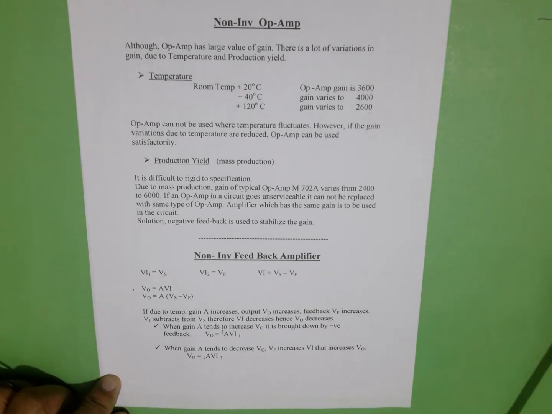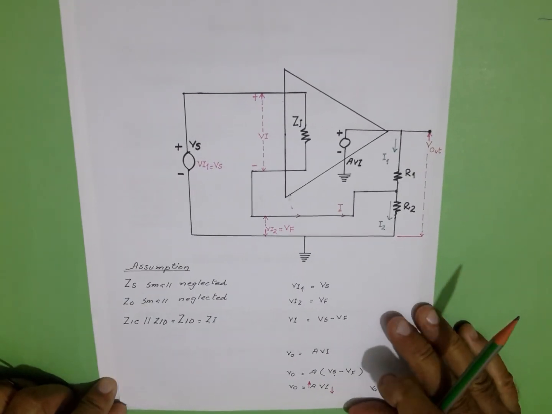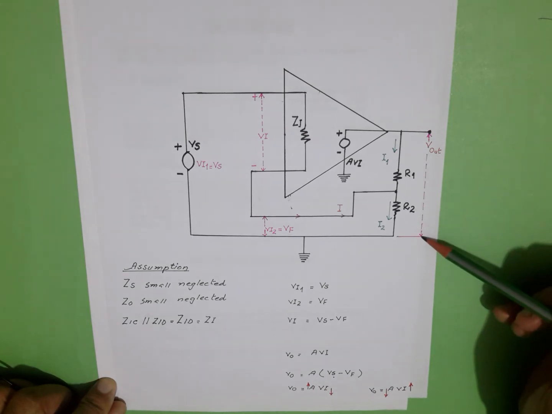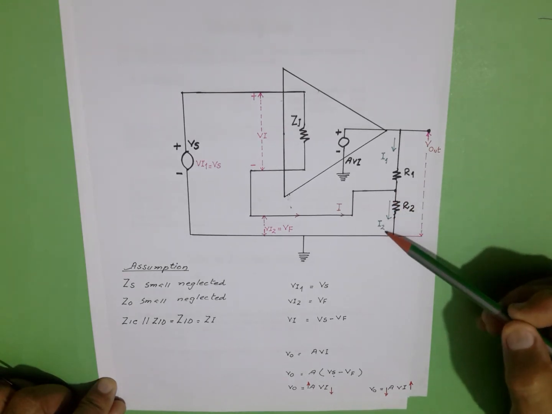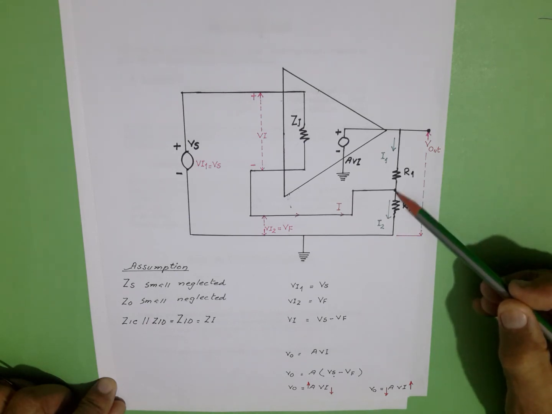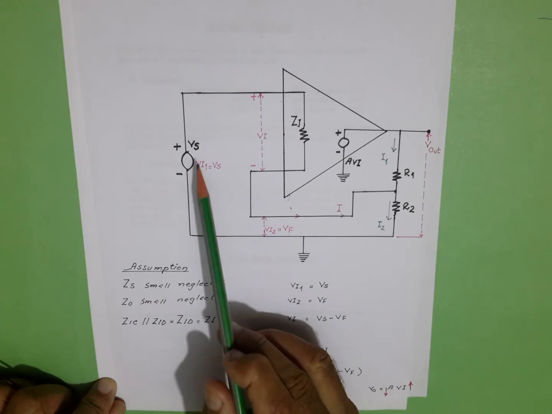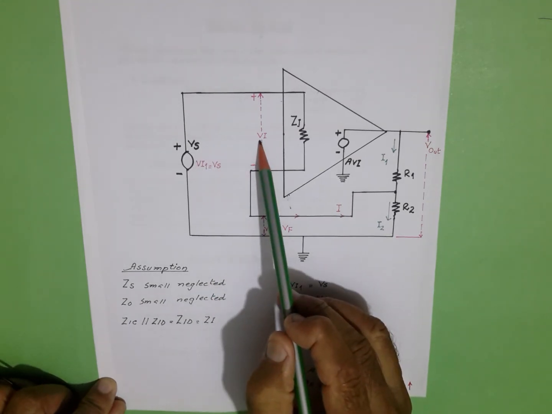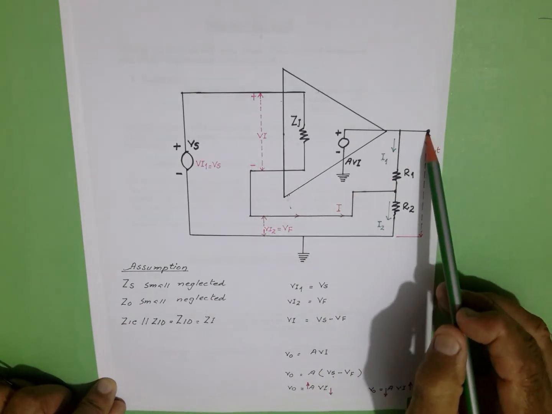Once again, if due to temperature the output voltage increases, there is a more voltage drop across R2, and this voltage subtracts from signal voltage. Therefore, V input decreases. When V input decreases, the output decreases.